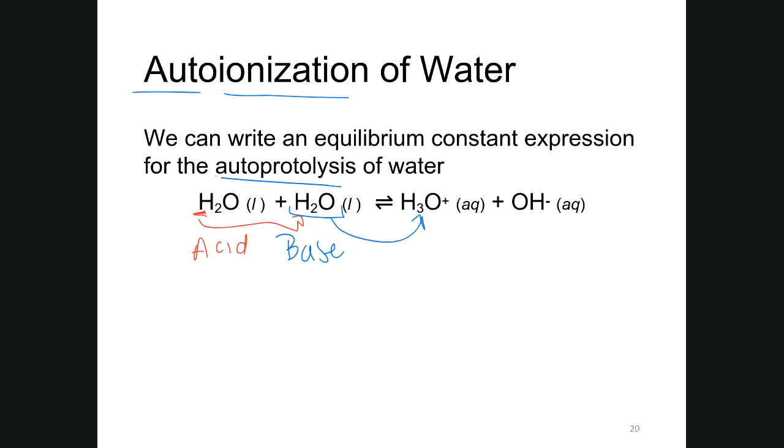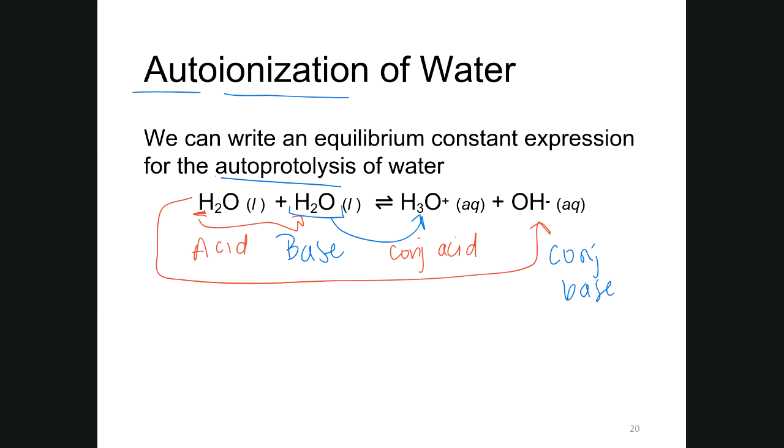So hydronium is now our conjugate acid, and the water that was the acid, since it started off as protonated and it lost its proton, is going to make the hydroxide ion, which is our conjugate base. So this is called the autoionization of water.